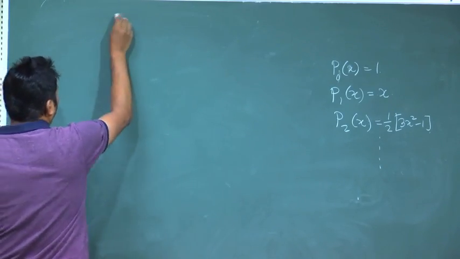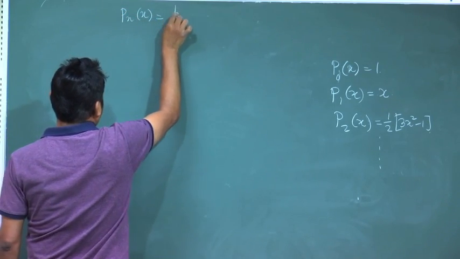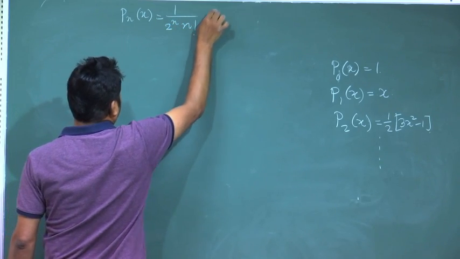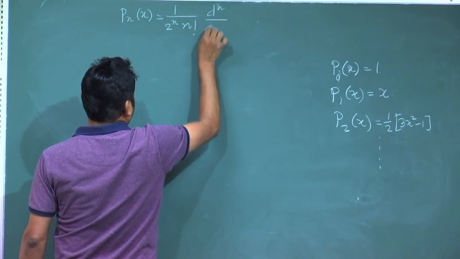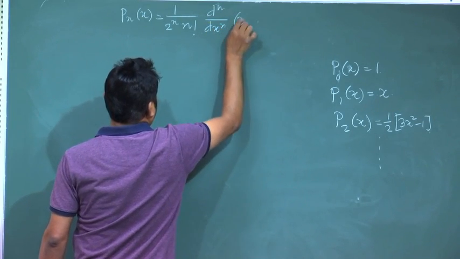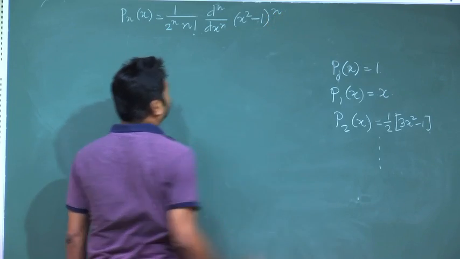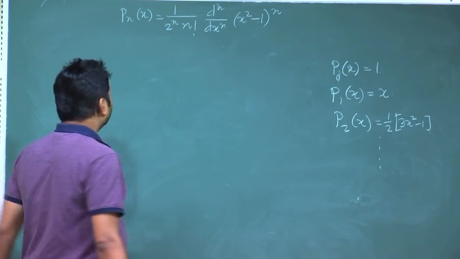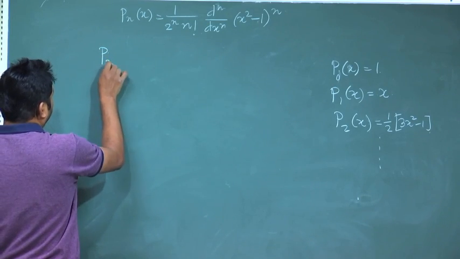The Rodrigues formula, I once again write: Pn(x) is equal to 1 by 2 to the power n factorial, d^n by dx^n of x squared minus 1 whole to the power n. This formula I have already written, so I am also going to use this for say P2(x).